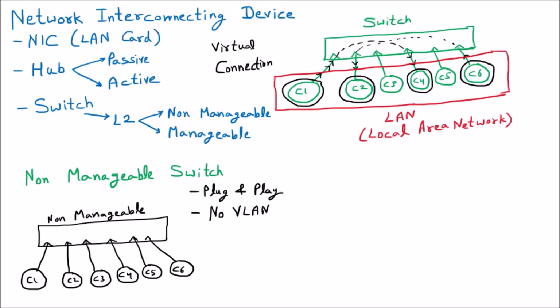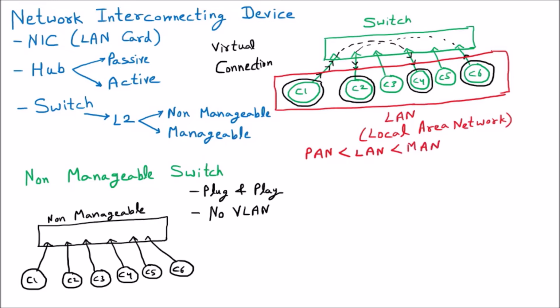People also talk about the PAN, the personal area network, such as Bluetooth connectivity over a very short distance. So first we have the PAN, the personal area network where Bluetooth is used, and that is smaller than the LAN. LAN is a local network, and that is smaller than the MAN, the metropolitan area network.